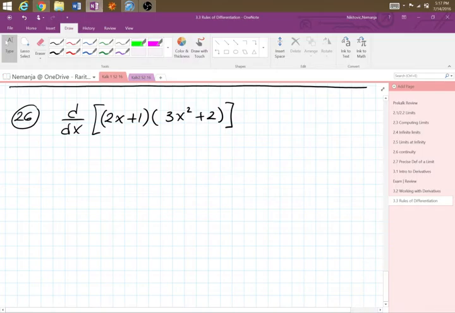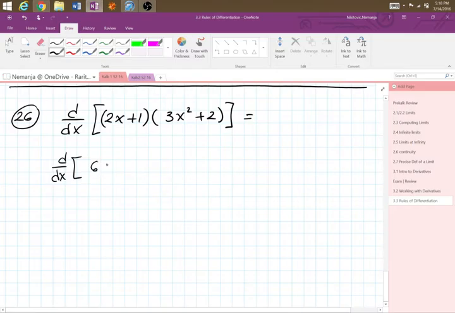Very good. You have to FOIL it first. We are going to have a special rule called the product rule for multiplication of two functions. In this case, we can cheat and we can FOIL. So that is, as of right now, the only way we can solve this problem.